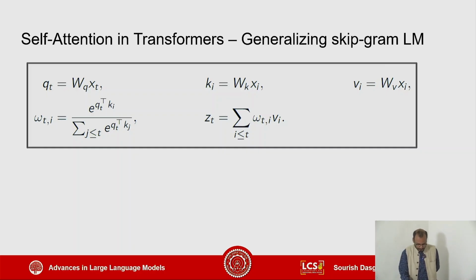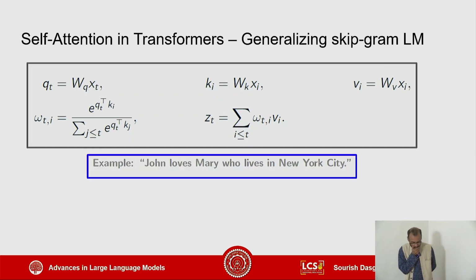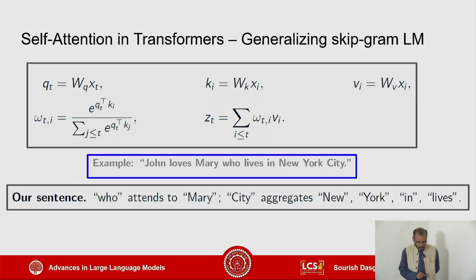So that's the thing. So for this example, who attends to Mary as an example explicitly, while city explicitly, separately, independently, is being influenced by new and York and in and lives and so on. It actually gets influenced by everybody, by the way.